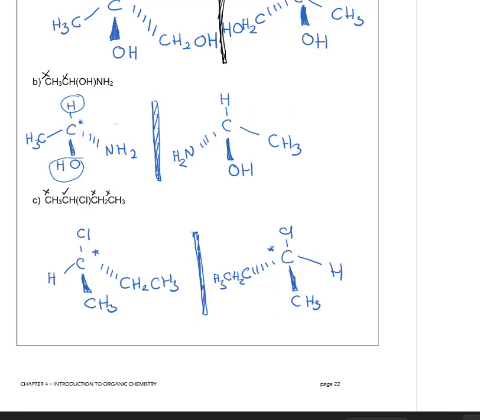Okay, so it's entirely up to you where you want to put the 4 groups of atoms around the carbon. So this carbon is a chiral carbon, this carbon is a chiral carbon. Okay, same goes to this carbon. So all of this compound we call it as optically active because they can rotate plane polarized light.